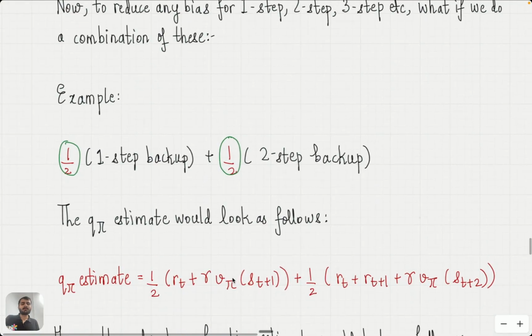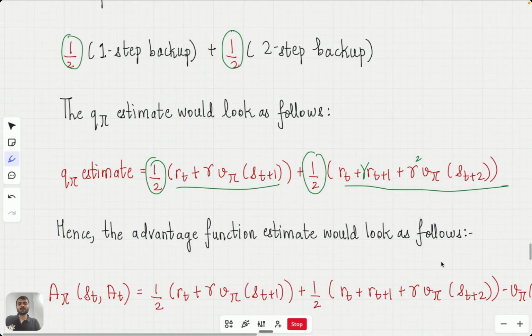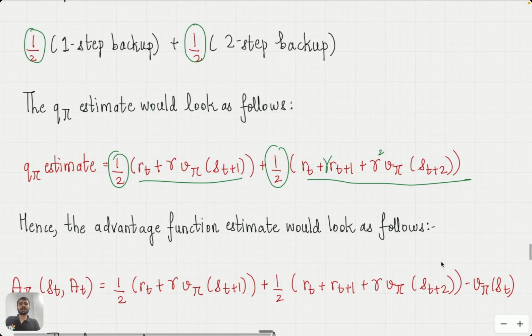It's straightforward from the previous analysis. You take half of the estimate for the one-step backup, which is R_t plus gamma times V_pi(S_{t+1}), and half of the estimate of the two-step backup, which is R_t plus gamma R_{t+1} plus gamma squared V_pi(S_{t+2}). And then your advantage function estimate will look something like this: half and half, because it's a composite return, and then you subtract the value function.